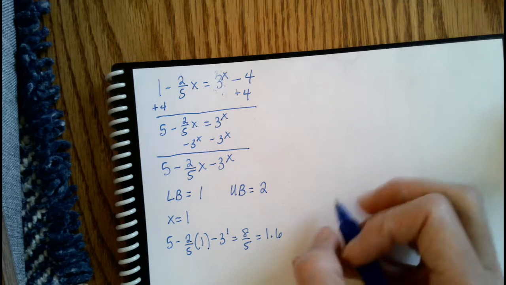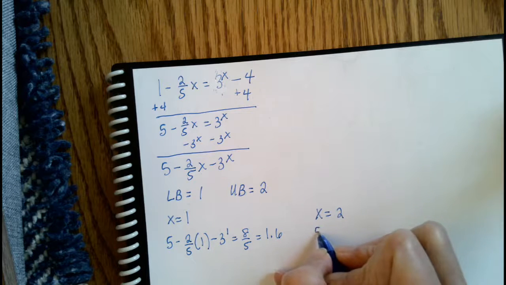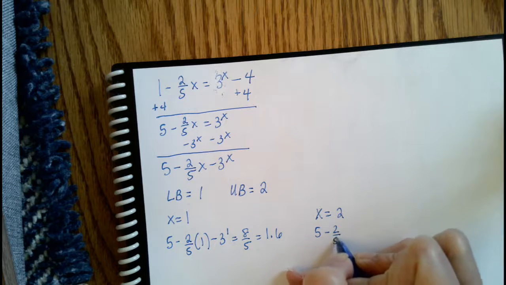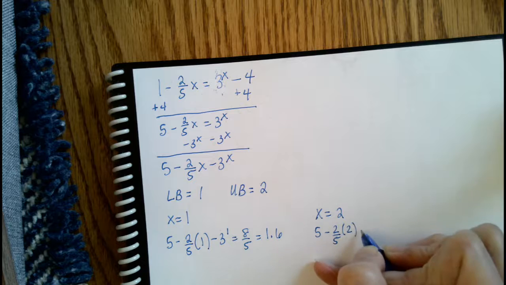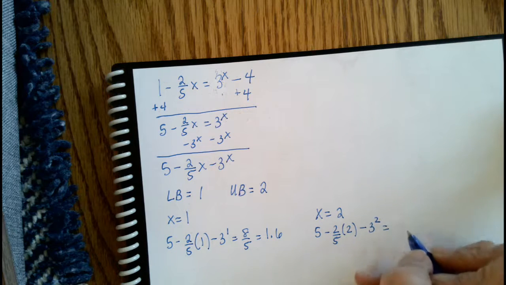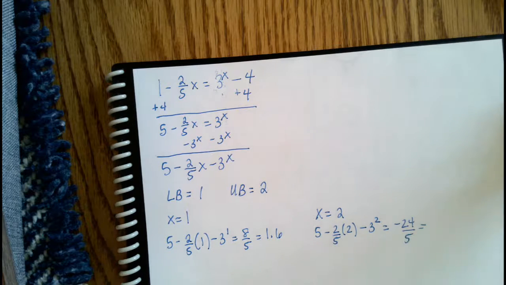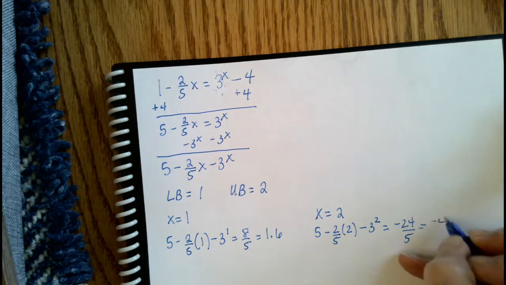So that's when x equals 1. When x equals 2, it's 5 minus 2/5 times 2 minus 3 to the second. And that gives us negative 24/5. I did not write down what the decimal was, but negative 24 divided by 5 is negative 4.8, if you prefer.